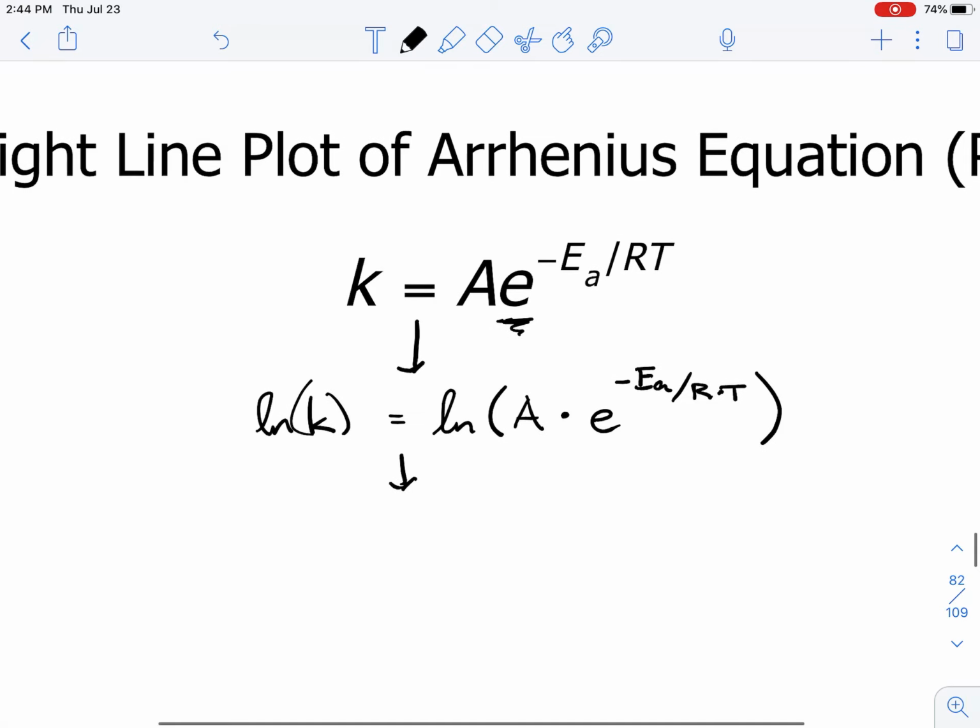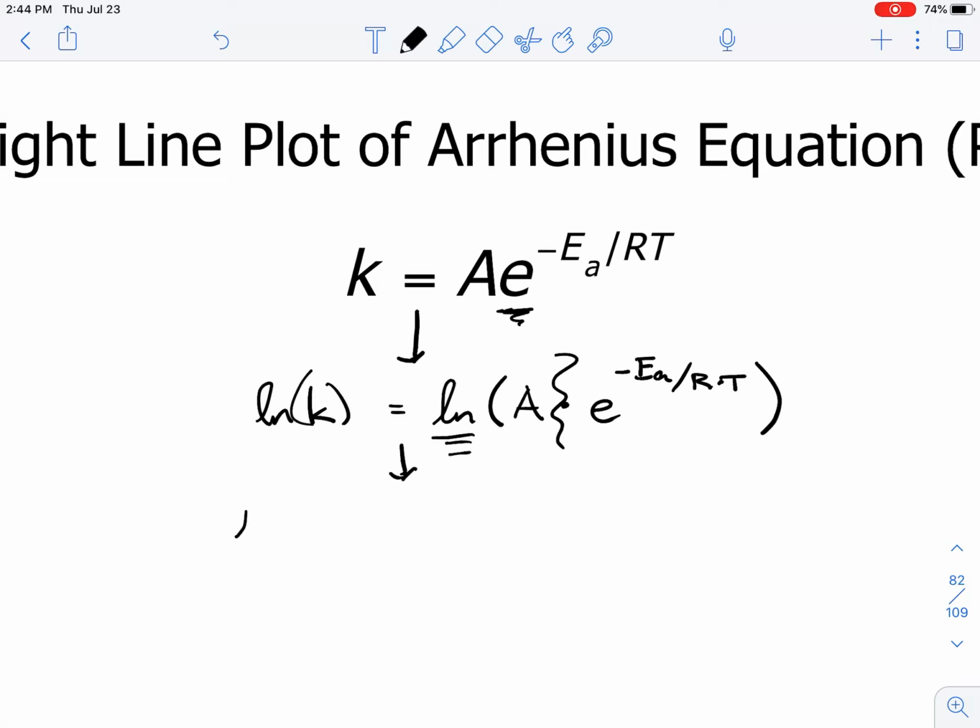Next, we're going to go ahead and quote-unquote distribute this natural log. We're going to apply a property of natural log that will allow us to separate the frequency factor A from the exponential term.